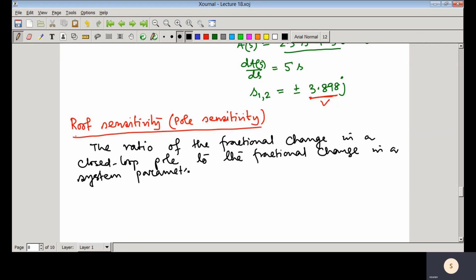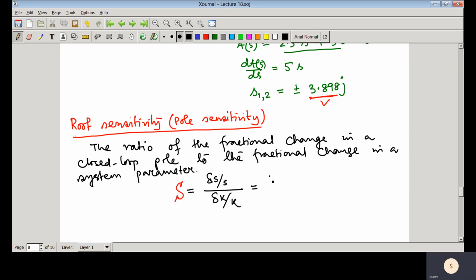Here that system parameter is K, and so we can just say that this is the sensitivity. So sensitivity is equal to delta S by S, that means the change in that pole, divided by delta K by K.